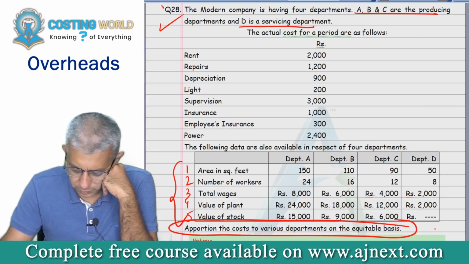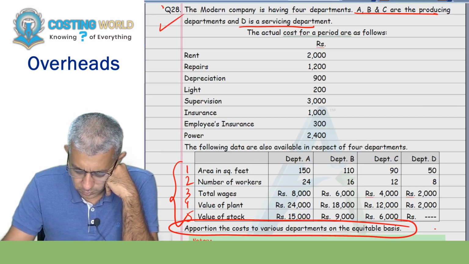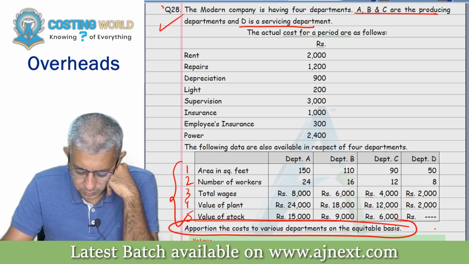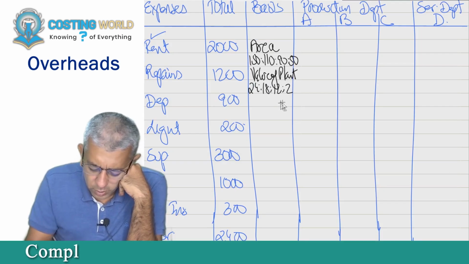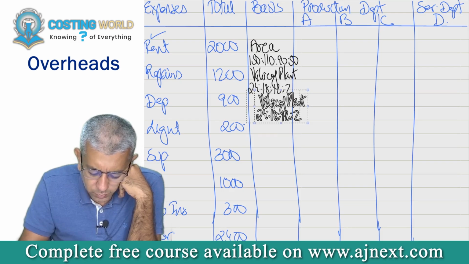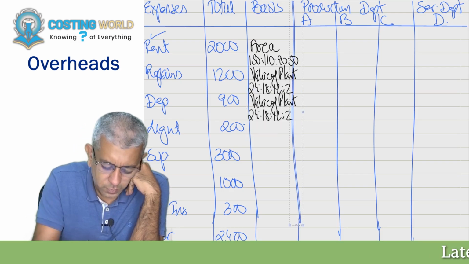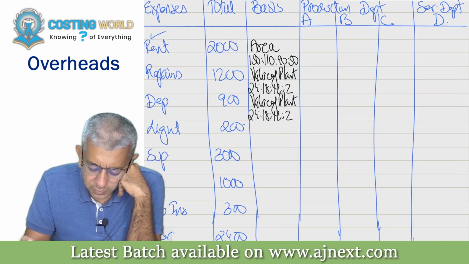Further. Depreciation. Tell me. 4 only, no? The value of plant. Write down exactly the same thing, please. Further.